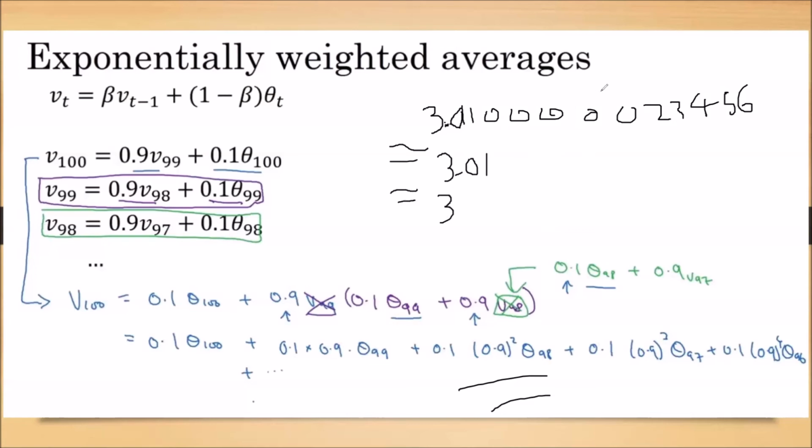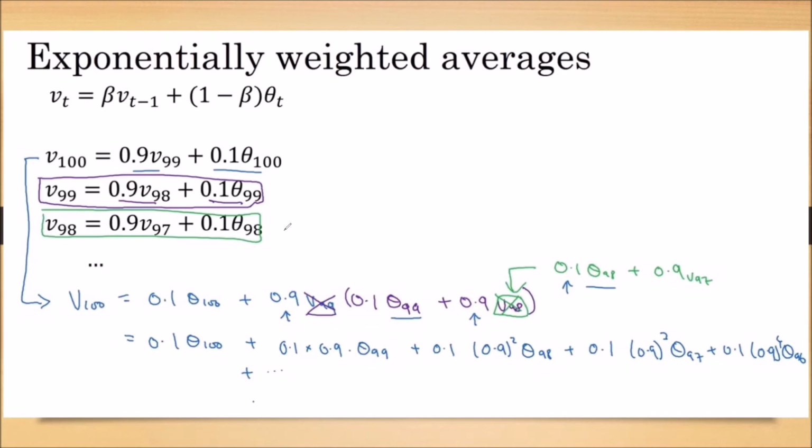Similarly, first we neglected these points, which is not at all affecting our value in reality. In the second case, we neglected 0.01, which also does not affect our original value in a big way. Similarly, even though V100 is the summation of the temperatures of 100 days, only the first 10 days' weights are predominantly affecting V100.